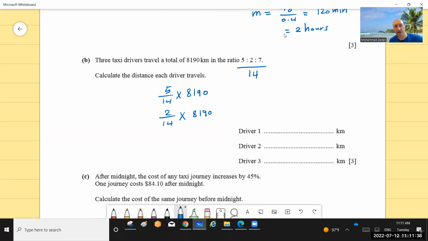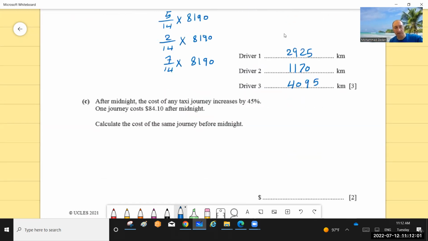And the third one, 7 over 14, which is half, times 8190. The answers, respectively, will be 2925, 1170, and 4095. It's very easy.